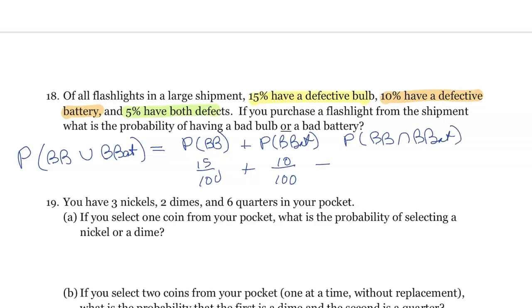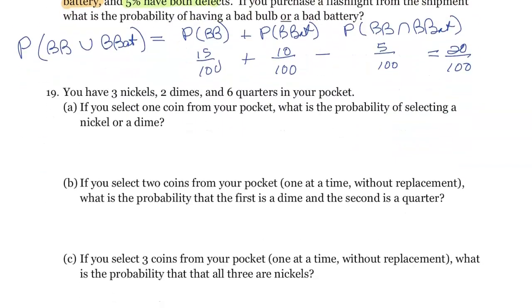So this is why I'm subtracting. And that happens 5% of the time, 5 over 100. So 15 plus 10 is 25 minus 5 gives me 20 over 100, or 20% of the time. All right? Okay, next one.